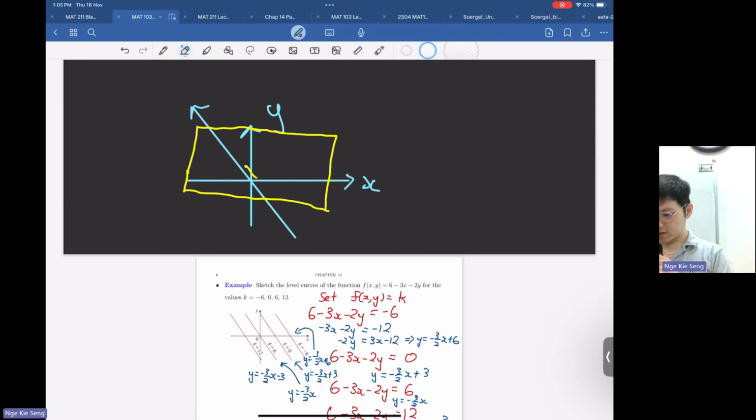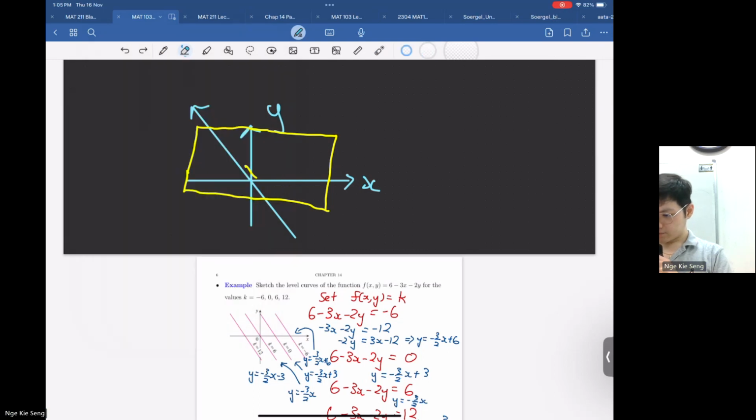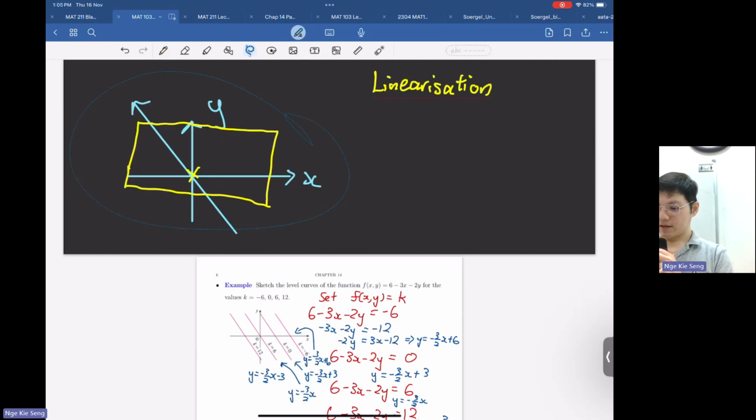Let's find the tangent plane at the origin. Meaning we want to find a linearization at this point. So what's the linearization formula again? Linearization of this surface, what's the linearization?